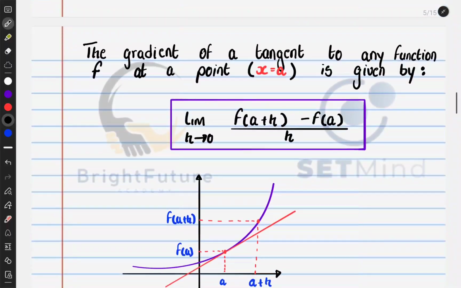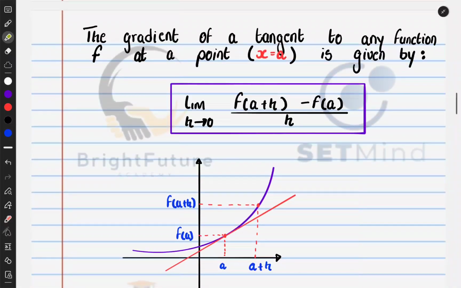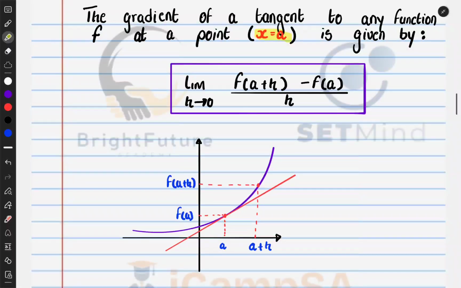Okay, next. The gradient of a tangent to any function f at any point, I just used x is equal to a, is defined by this formula. So if we are looking to calculate the gradient of a tangent at any point in the function, we can just use the limit formula that we have here: the limit as h approaches 0 of (f at a plus h, where a is that x value, minus f at a) over h.